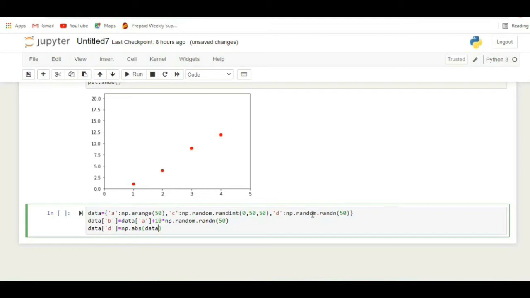Absolute means we are talking about the absolute data of 'd', and this will be written inside the square bracket and parenthesis.